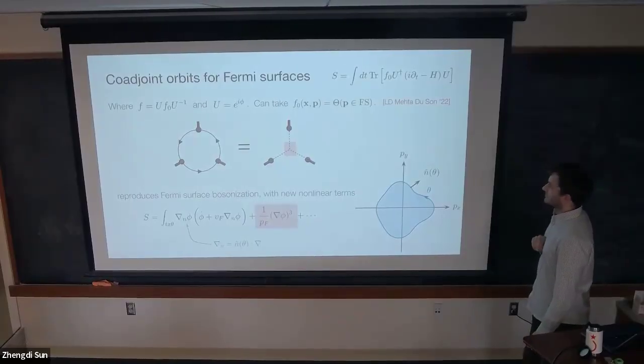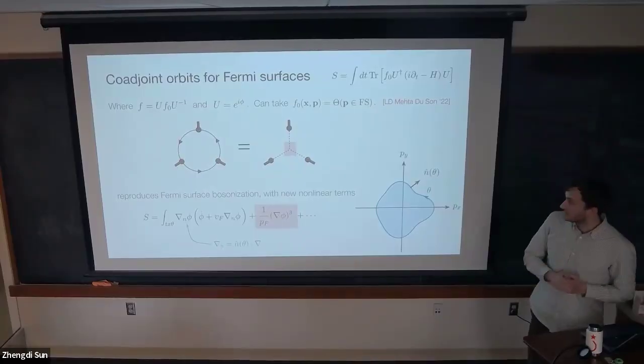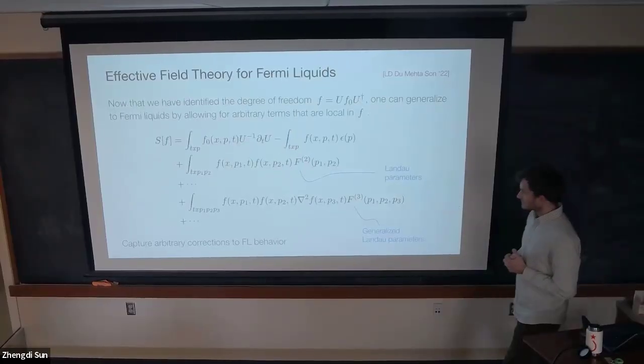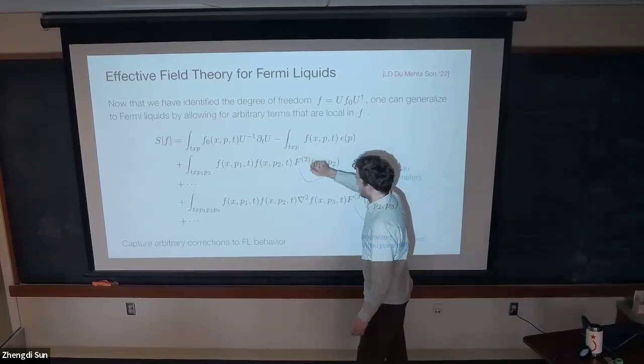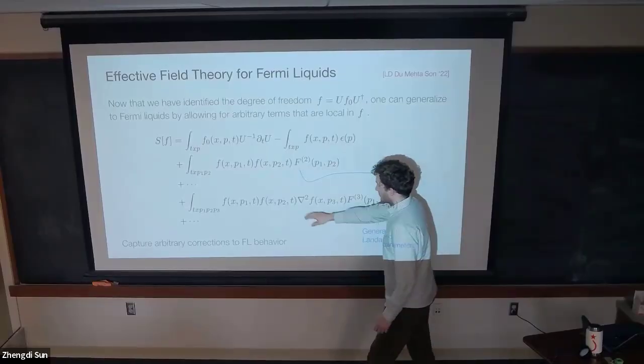Arbitrary free fermion Hamiltonian, but now you can, in an effective field theory spirit, generalize this to an arbitrary Fermi liquid by just assuming this is the right degree of freedom and writing down the most general action in terms of this distribution function that's local in space, but need not be local in momentum space. Okay.